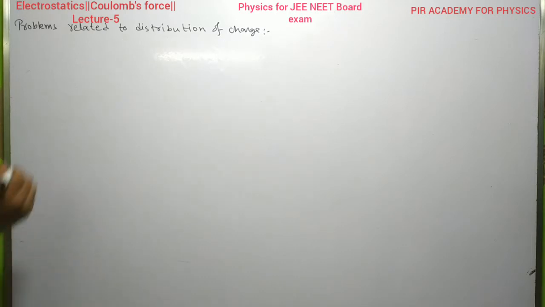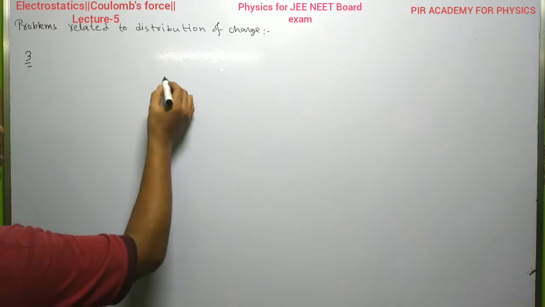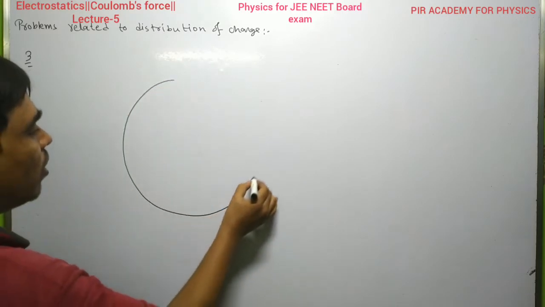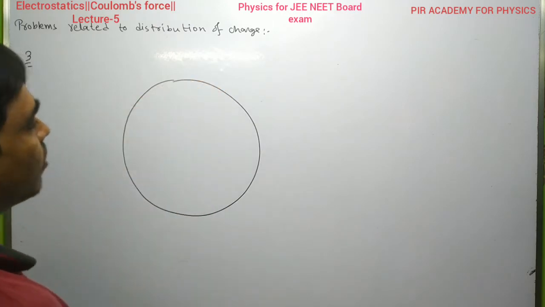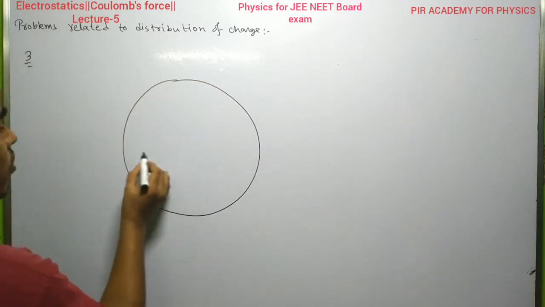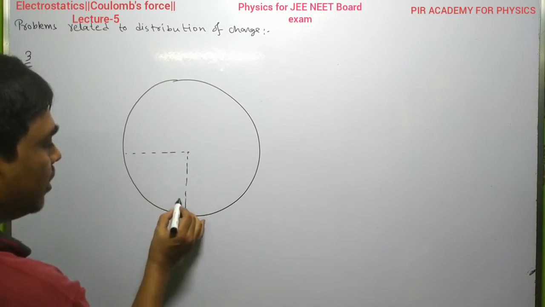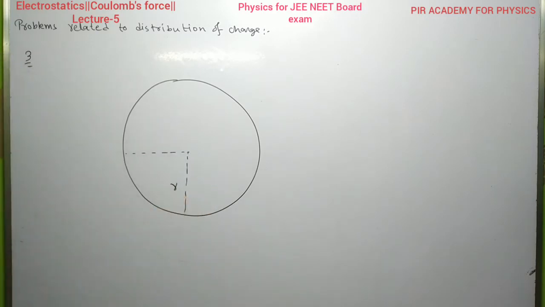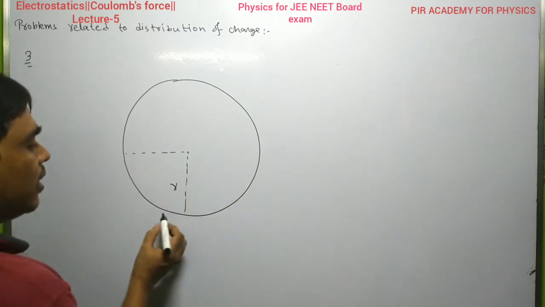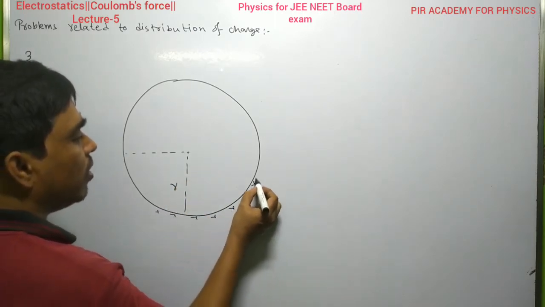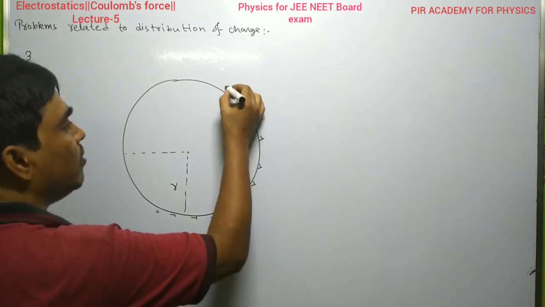I will discuss problem number 3. What is problem number 3? Suppose this is a circular wire. The radius of this circular wire is, suppose, R. And the charge density of this circular loop is lambda.